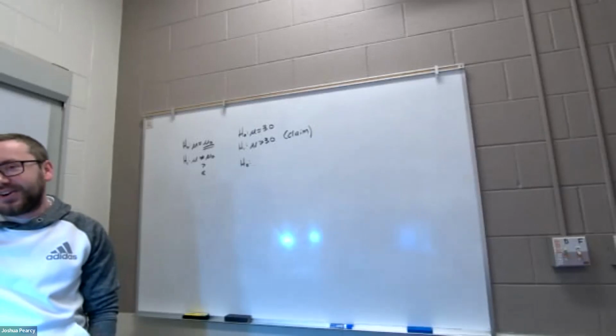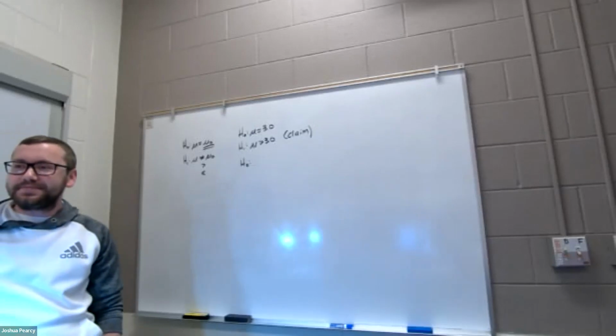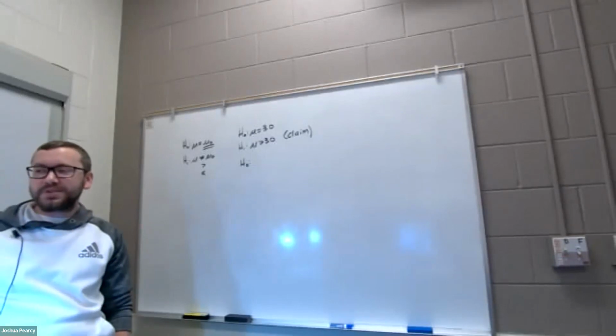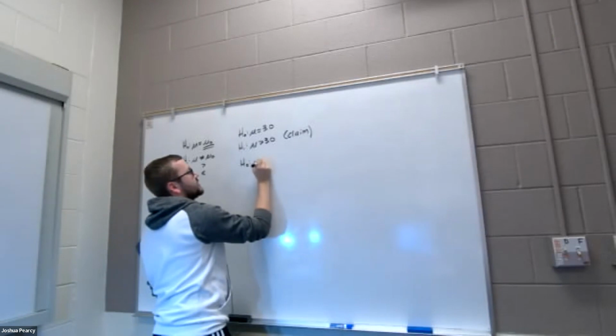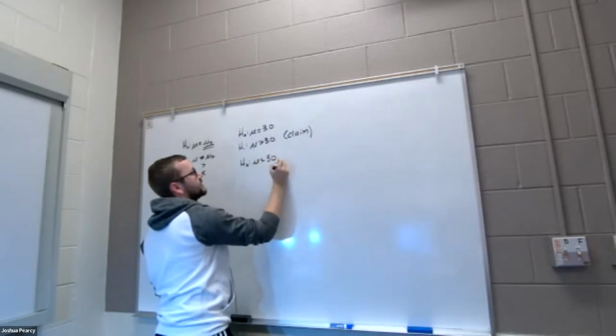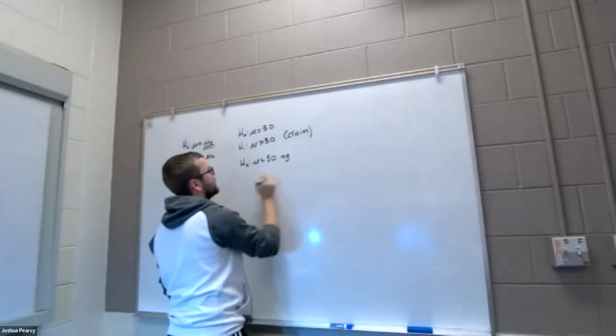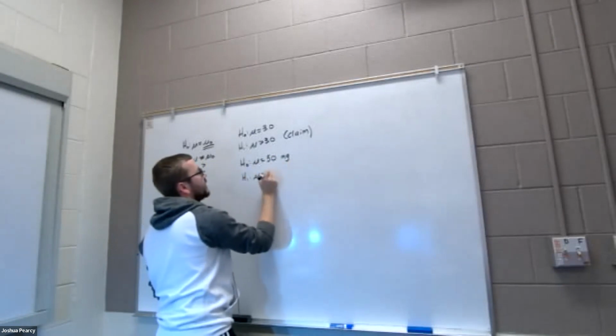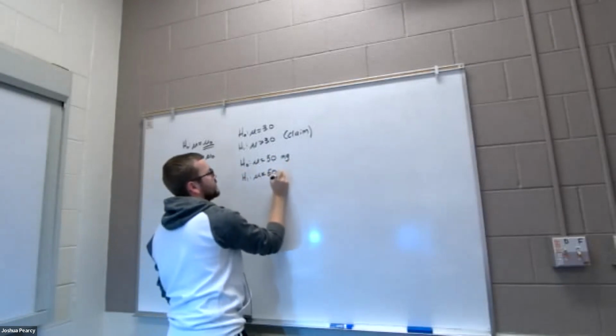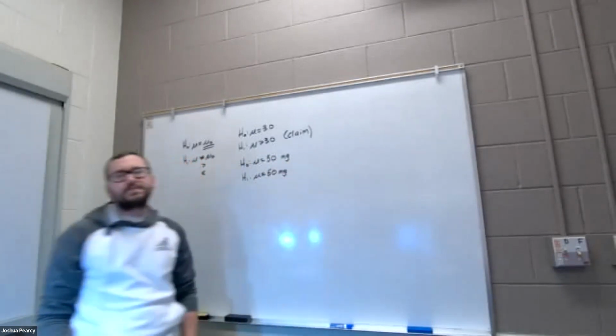Then what would the null hypothesis be? Mu equals what? 50. And the alternative would be, what do you think? Yeah, correct. It doesn't say it'll be greater than 50 milligrams or less than, so it's not equal to.